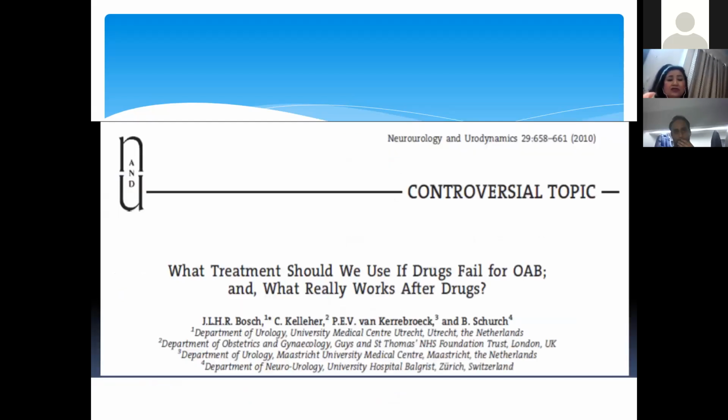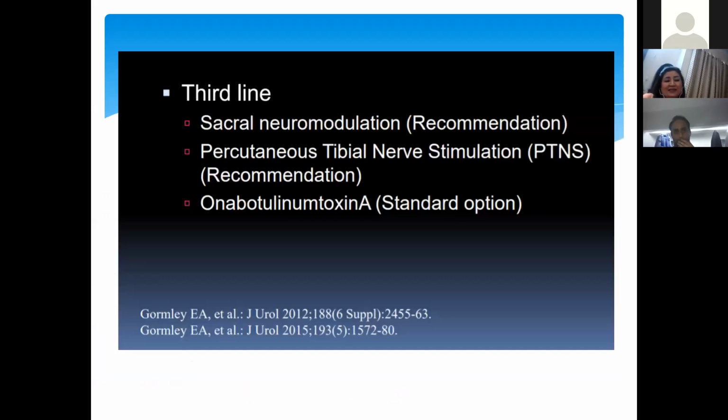Now we come to the very controversial topic: what treatment should we use if the drugs fail for OAB? When should we label the OAB treatment as failed? So, refractory OAB, and what really works when the drugs fail? The literature says refractory OAB is after 8 weeks, and I beg to disagree with the literature. I would say 12. If 12 weeks of first-line management fails.